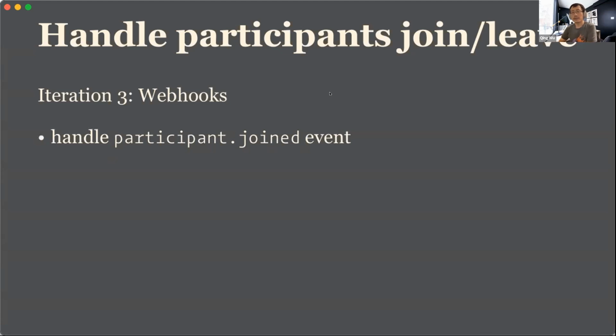So basically, when we receive a participant join event, we just add the participant to the GenServer state and also to the Slack call. And the same for the participant left event. When we receive one, we just remove the participant from the GenServer state and also the Slack call. And now we can get an up-to-date list of participants in the Slack call, which is great.